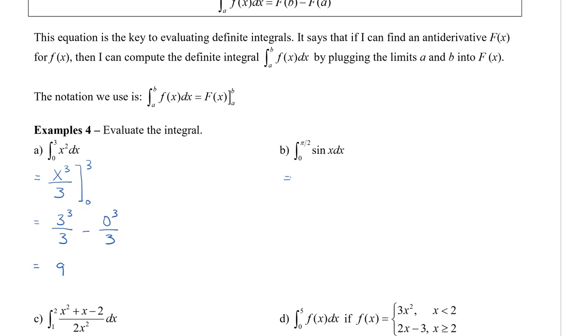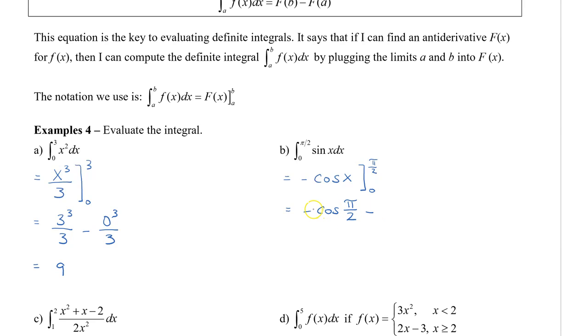Let's take a look at the second one. Again, we find the antiderivative of sine x, which is negative cos x. Then we write the square brackets with the lower limit and the upper limit. We substitute those limits in by putting in the upper limit first, which is pi over 2.